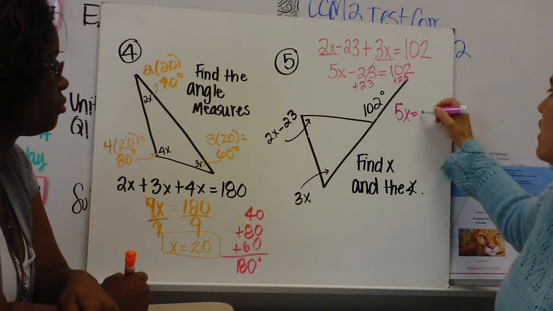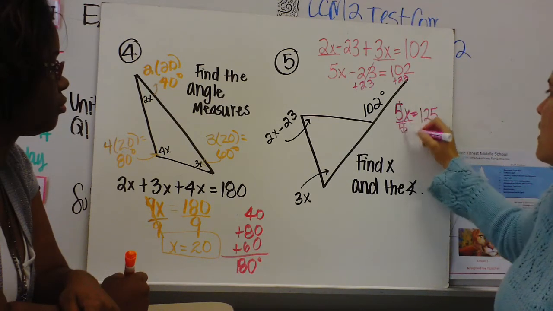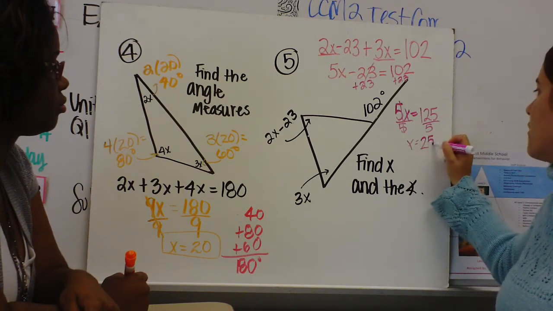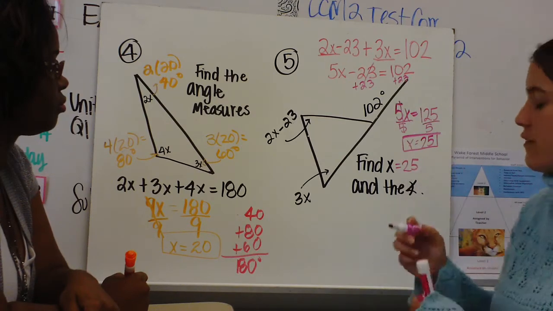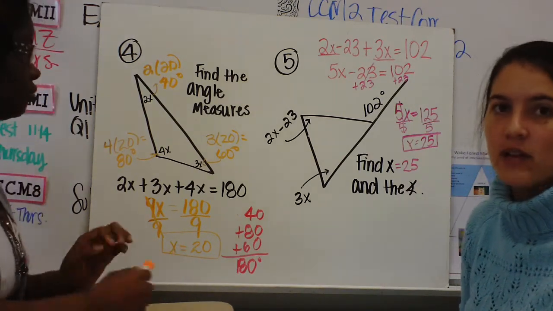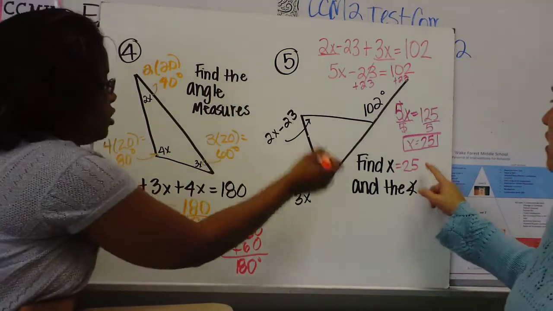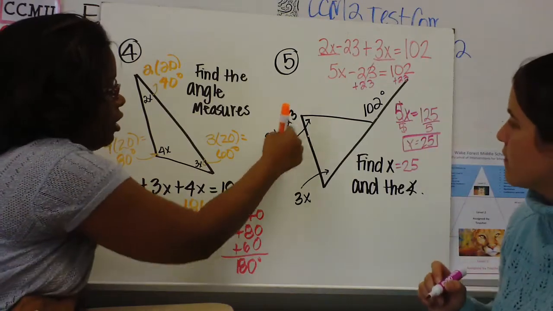102 plus 23 is 125. And then when you divide both sides by 5, x is equal to 25. And that is one of my questions. X is 25. I can't stop there though. A lot of times you find x and then you stop. I need to find the angle measurements. So you're going to take 25 and plug it in for each angle here.